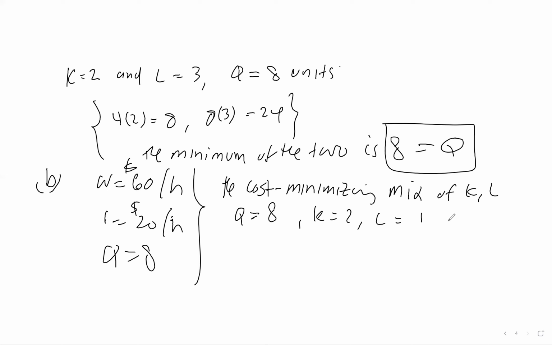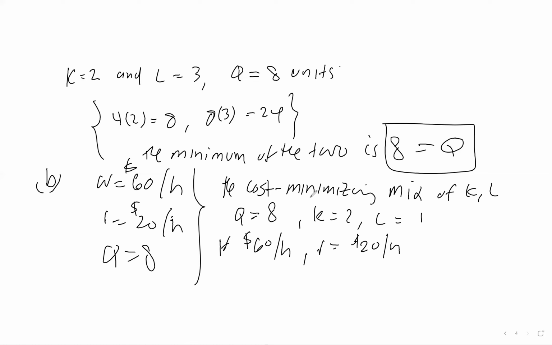If the wage rate is $60 an hour, and the rental on the capital is $20 an hour, then the cost minimizing mix of K and L that produces 8 units, where Q is equal to 8, is K equal to 2 and L equal to 1.